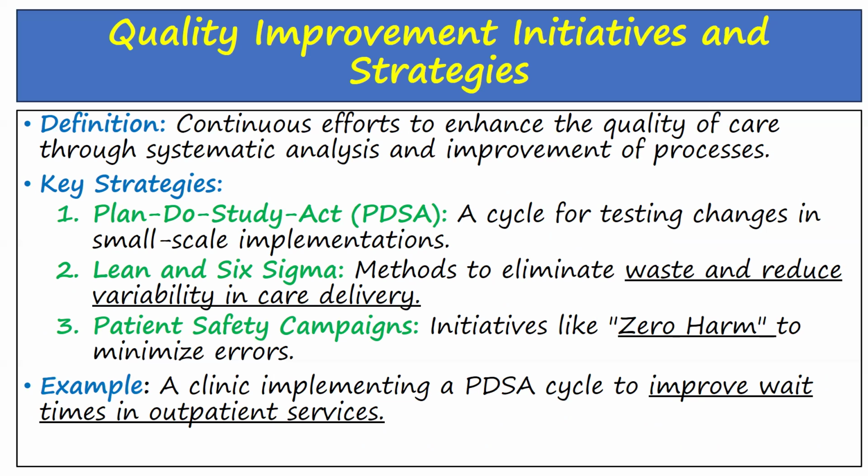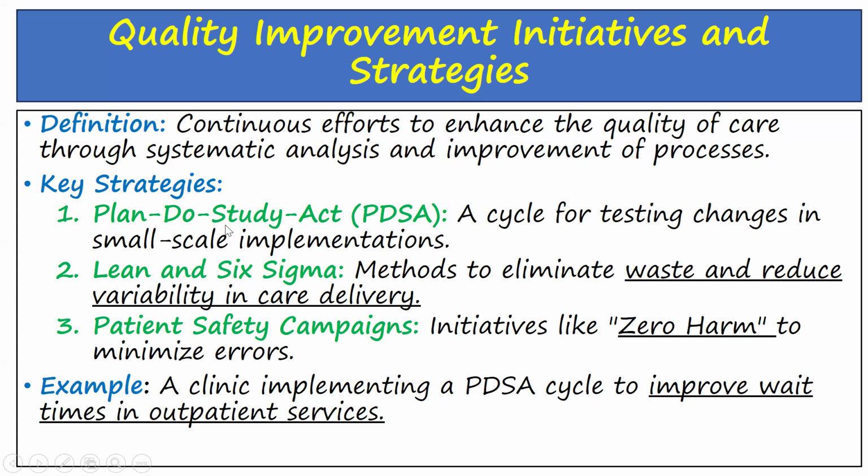And there are some key strategies that hospitals can use. For example, there is the Plan, Do, Study, Act. This is a cycle for testing changes in small-scale implementation. During your free time, I need you to research more on the internet about it. So you plan as a hospital. If you finish planning, you do.